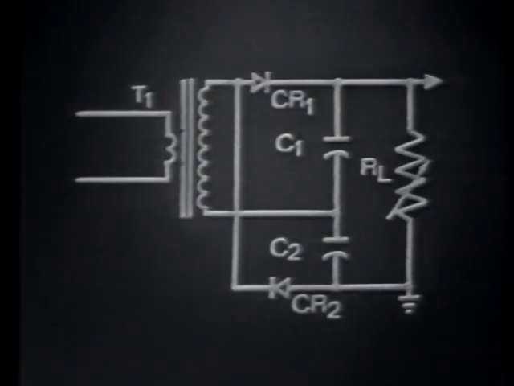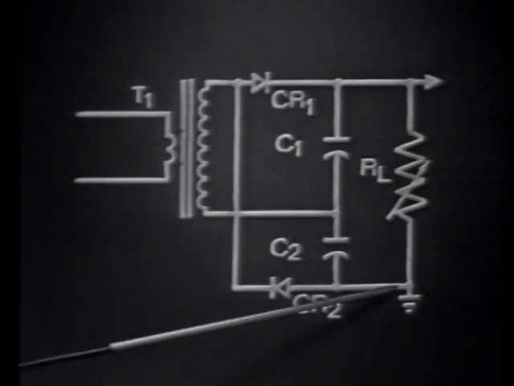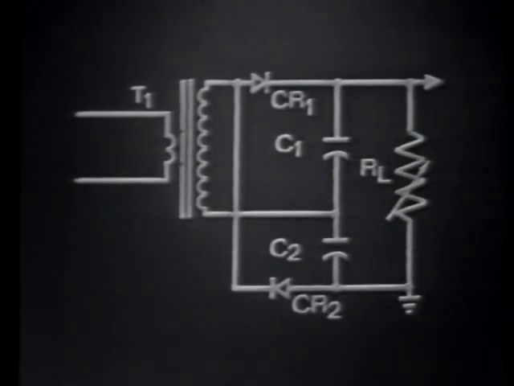This means that the output equals the sum total of the voltages developed by both capacitors. This voltage doubler circuit, operating as a full-wave rectifying device, develops an output pulse between here and ground on both the negative and positive alternations of the input signal.